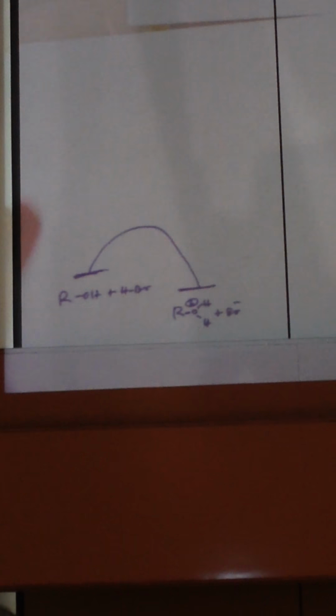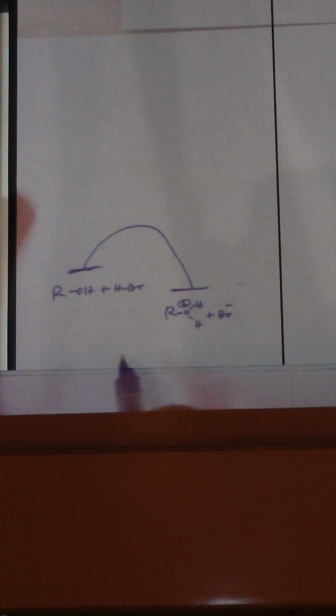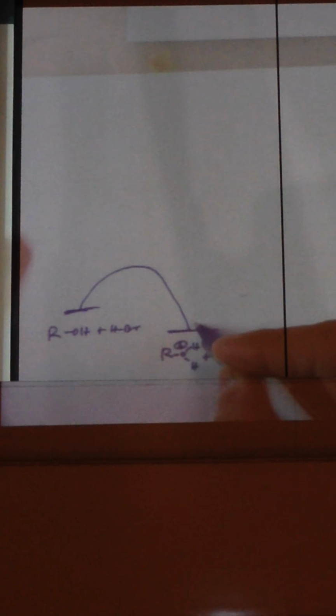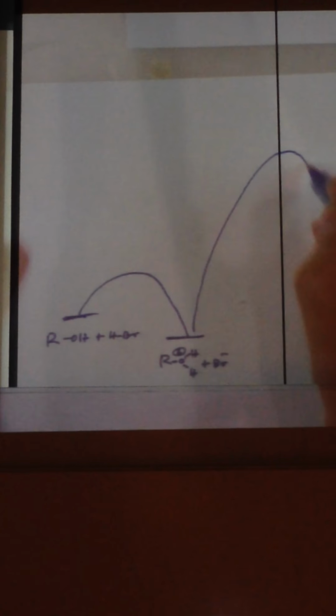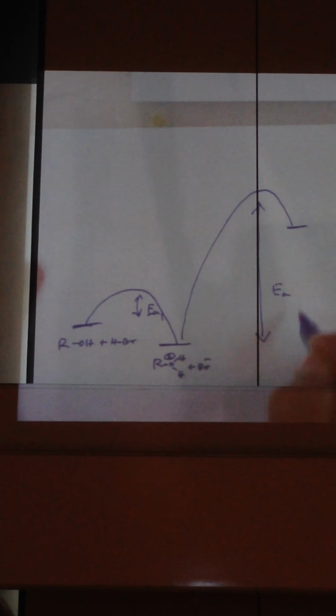So this is the first step. Second step has a high energy demand where the bond between the R and the O is broken. So it goes up here. So the energy of activation here, EA1, is relatively small. And this one is very large. And that's why it's a slower step.